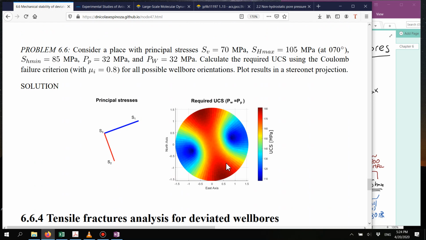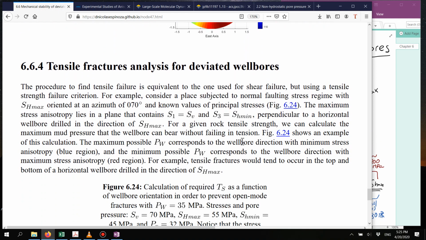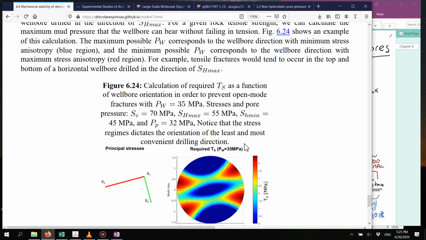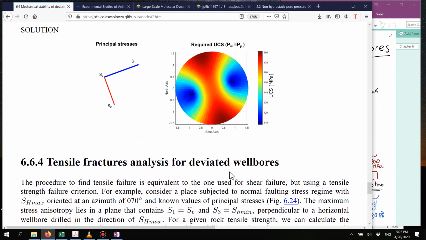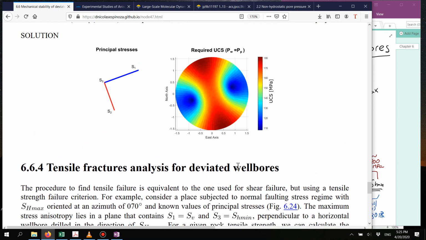The same principle applies. And you can also do that for tensile fractures and compute what would be the likelihood of having tensile fractures for a given orientation. It's all done with the same equation that we have seen for vertical wellbores.